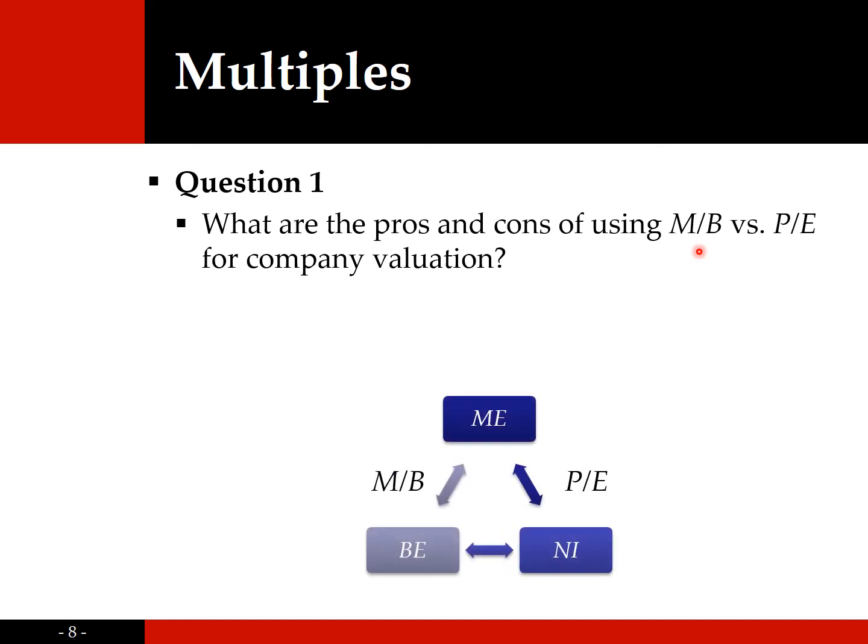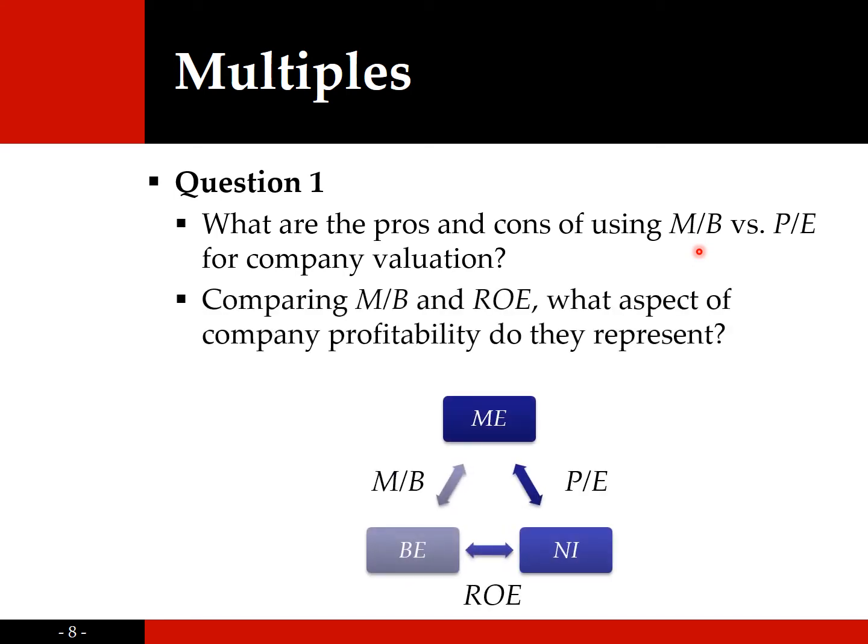And then, as a follow-up question, I want you to observe the close connections between market to book and price to earnings. In fact, if we have the market measure here at the top and the book measures here at the bottom, then we have already defined ROE as the ratio of net income to book value of equity.